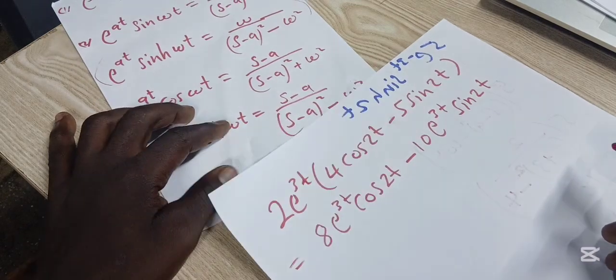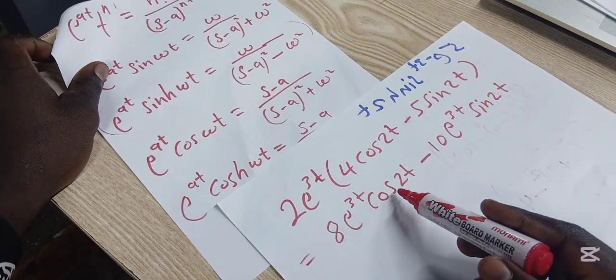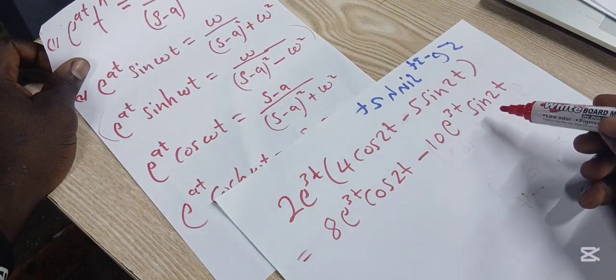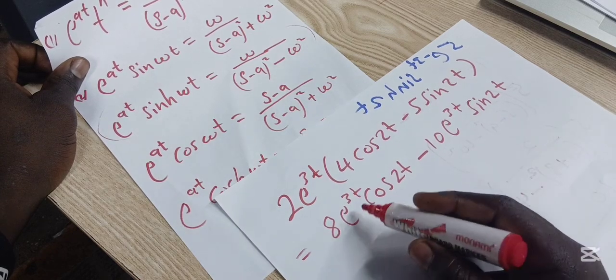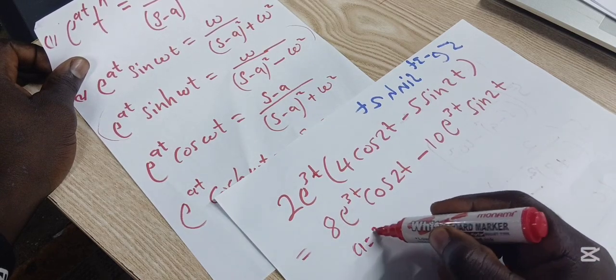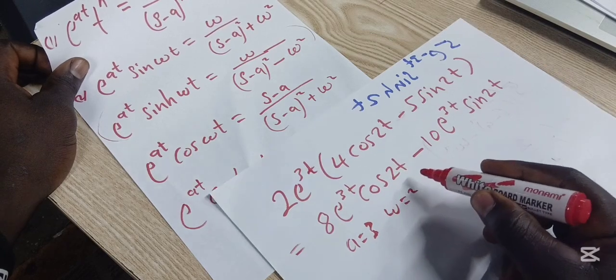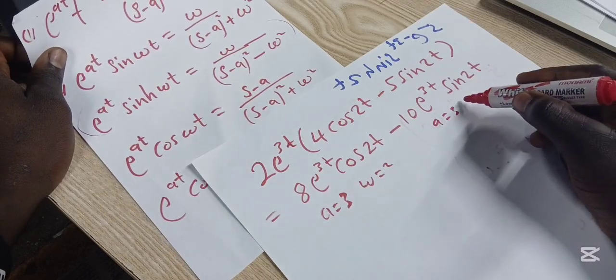So now we can go ahead and simplify this. But then we have to recall our formulas to see that we have e to the power at in terms of cos and also in terms of sine. So from here, we could see that our a equals 3 and our w here equals 2.